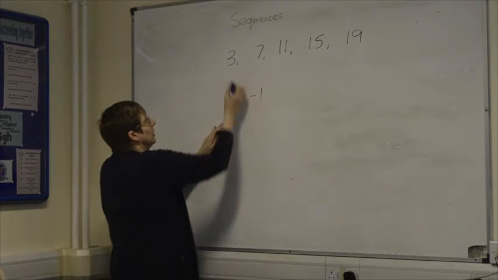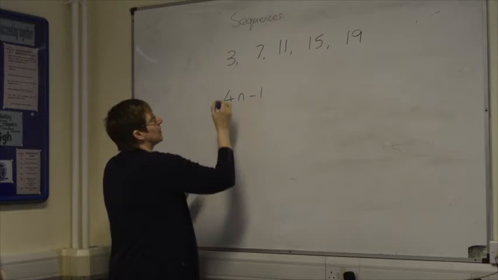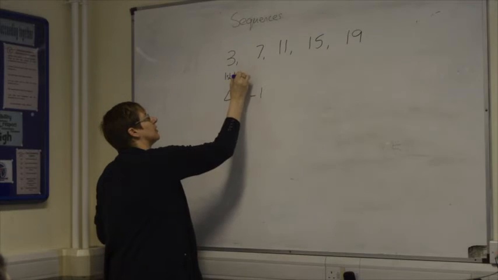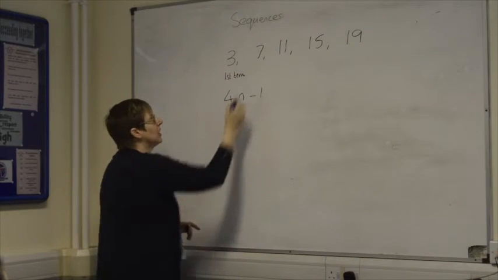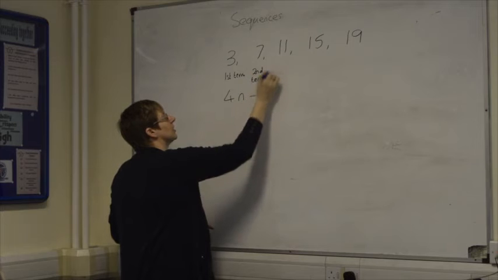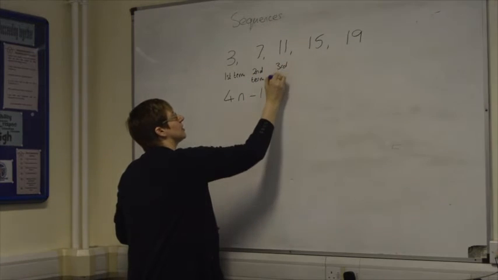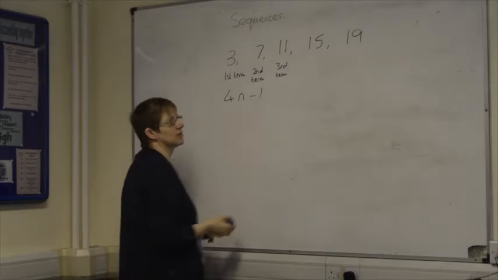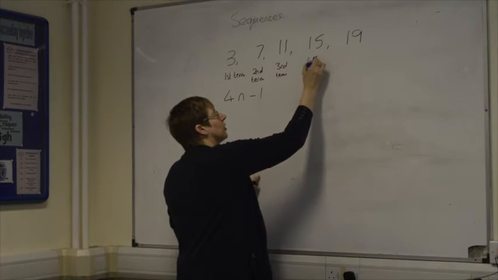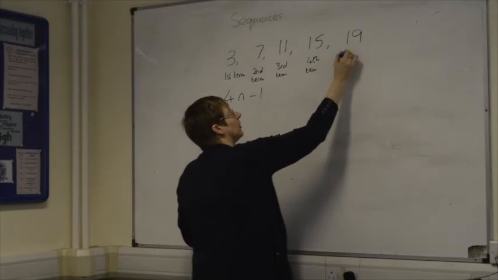Now, in this sequence, this is my first term, number 3. And this is my second term. This is my third term. And so on and so on. Fourth term. Fifth term.